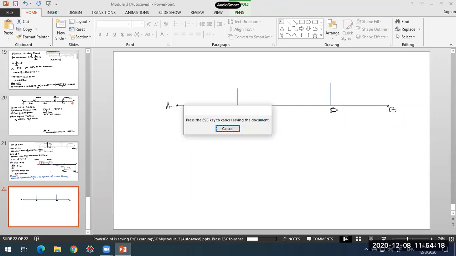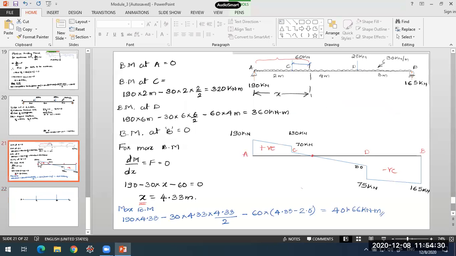We have determined the bending moment at some definite locations, at points C and D, but they may not be the maximum bending moment. In order to find the maximum bending moment, the condition we used was dM/dx should be 0. dM/dx is nothing but the shear force at any point x.